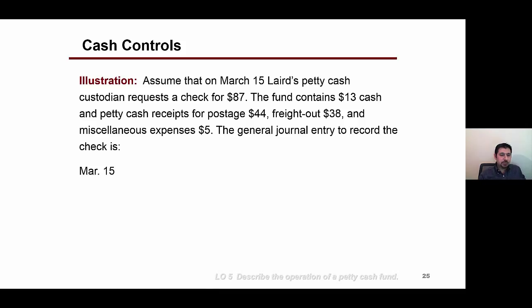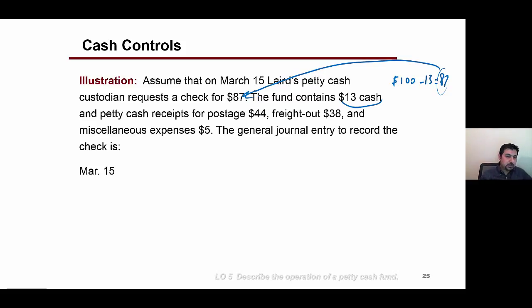In this case, the amount on hand is $13. The original amount was $100. This is why the amount that the custodian will have to request will be 100 minus 13, which is 87, and this is the amount that is requested by the custodian.